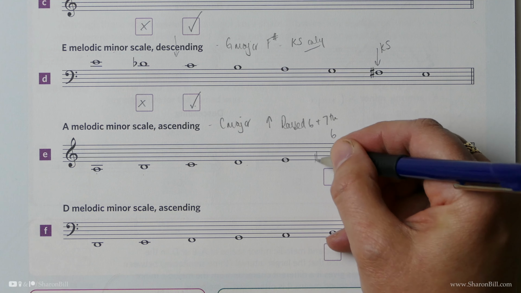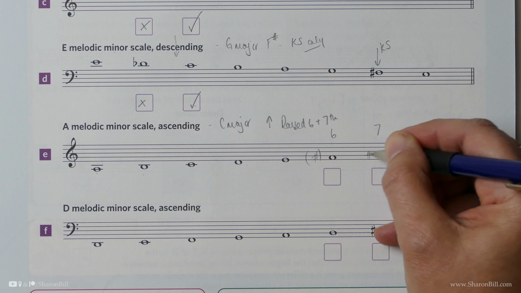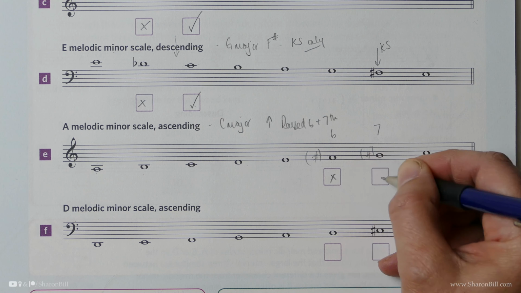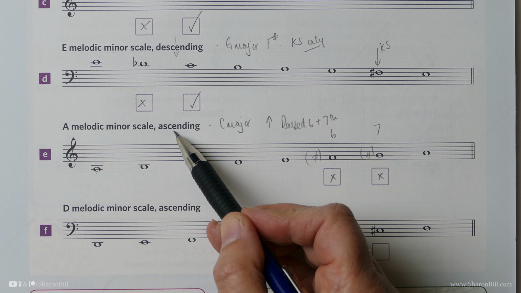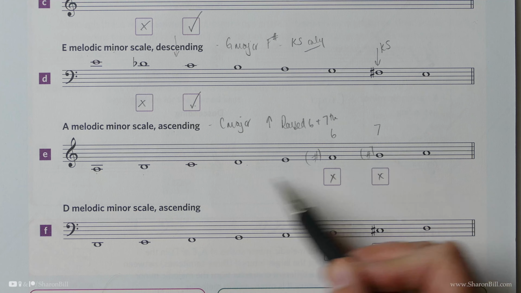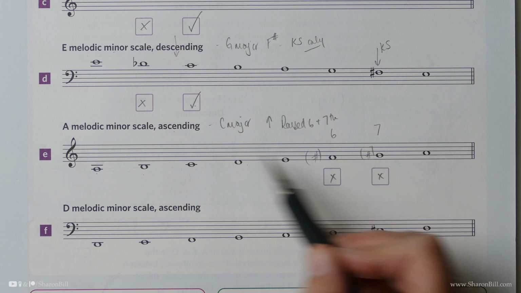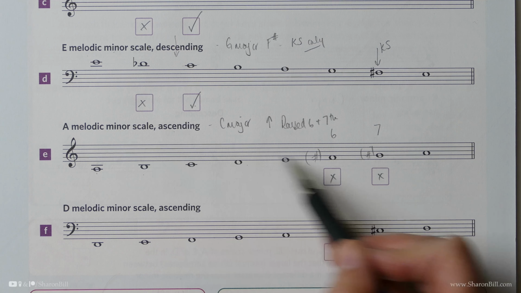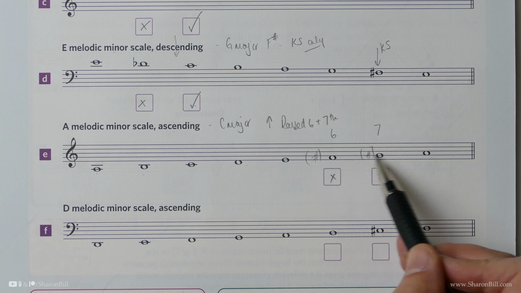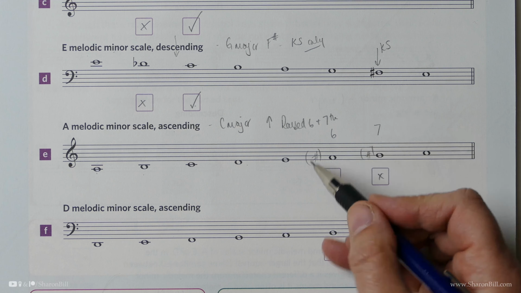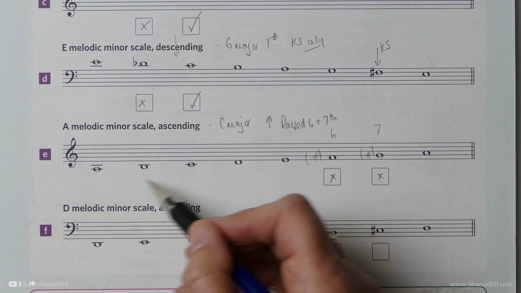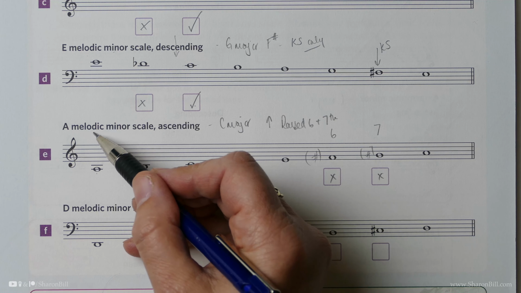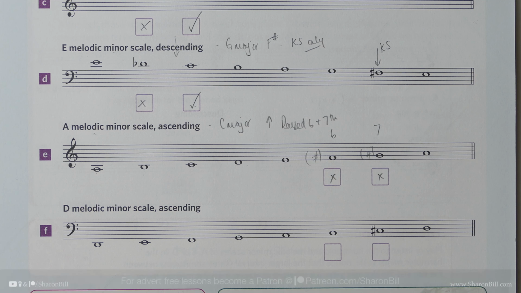They should be raised and they are not, so that's incorrect. What we've actually got here is the descending version of the notes, but actually ascending in the scale. If it was the descending version, then yes, we would not have these sharps, but they should be in the raised 6th and 7th, should be there in the ascending version of the melodic minor scale.